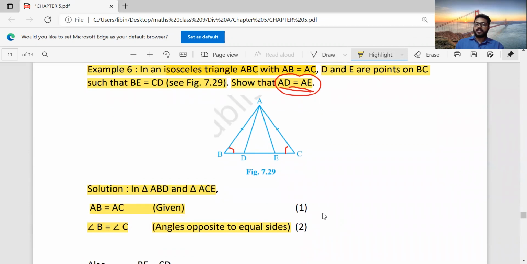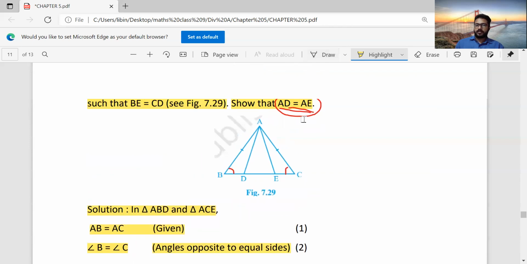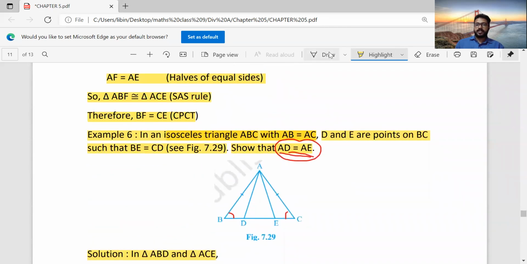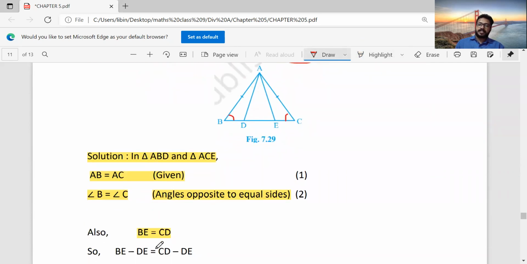Okay, now what about the third condition? That is a little bit tricky. See, we are given that BE is equal to CD. No doubt. It is given to you in the question, directly given. Now, what we are doing? We are subtracting DE from LHS as well as the RHS. Then there is no change in the value.